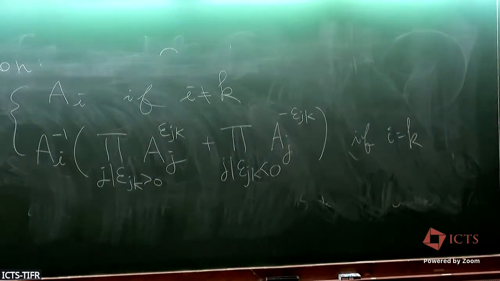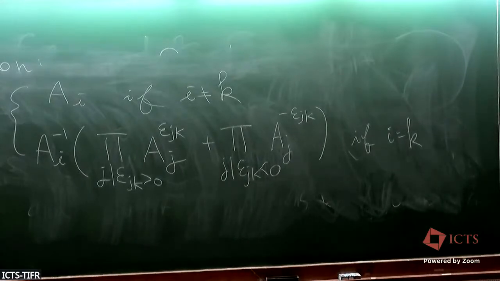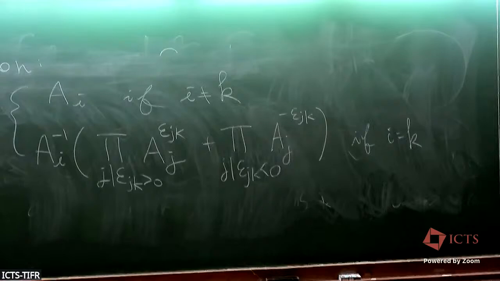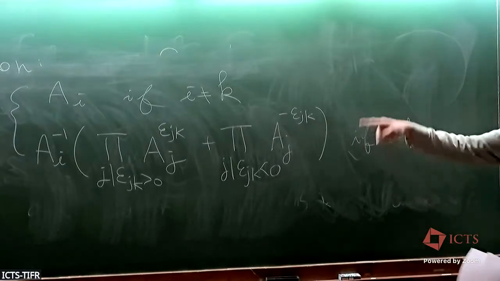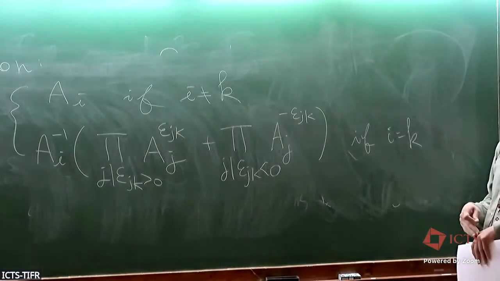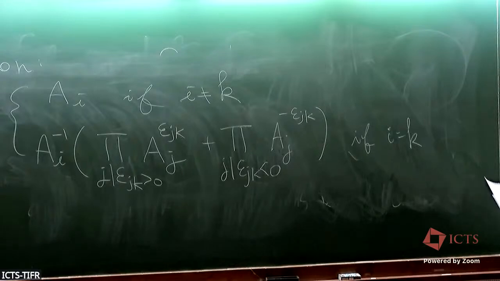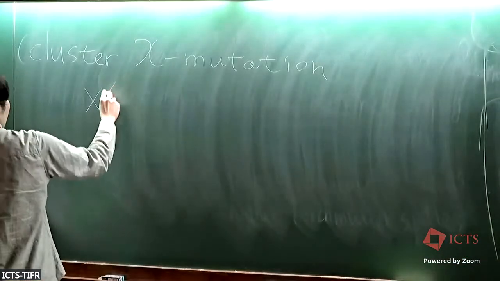Cluster X mutation uses X variables. They look a little different. An example of cluster A mutation is Plücker coordinates, Plücker relations for Plücker coordinates for the Grassmannian, or lambda lengths for decorated Teichmüller space. Cluster X mutation mutates like this.